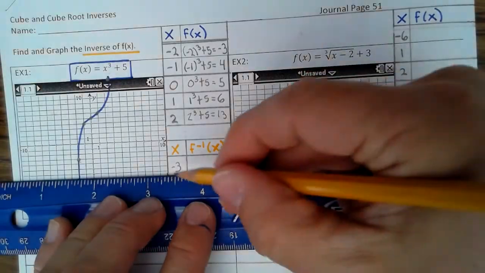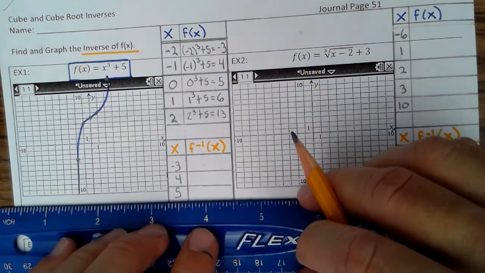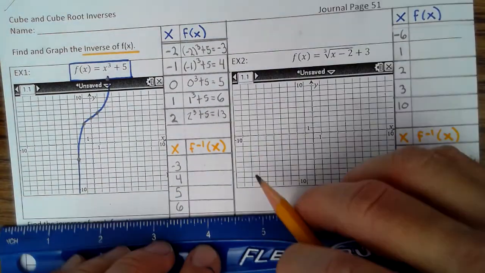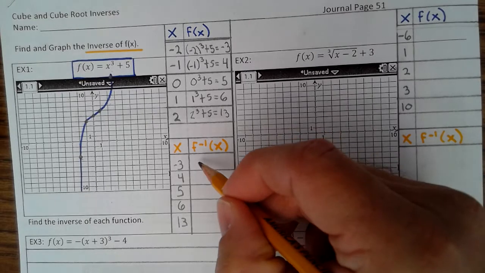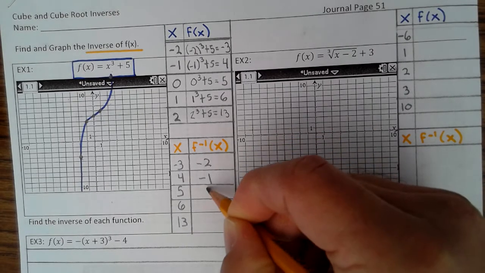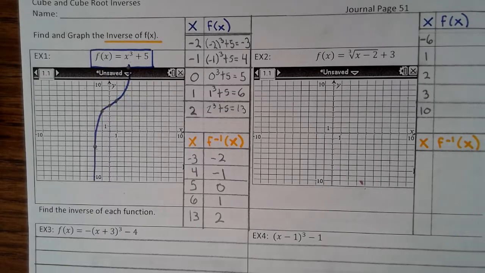And let's try to straighten our table up. Okay, and then our new f inverse of x values are -2, -1, 0, 1, 2. Okay, so now let's graph that.